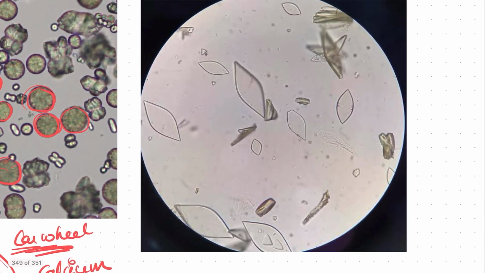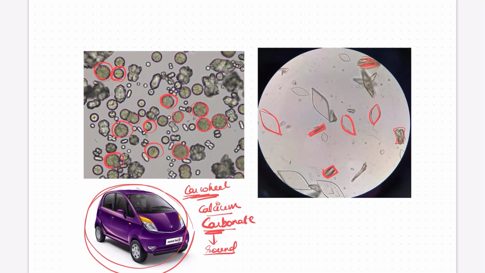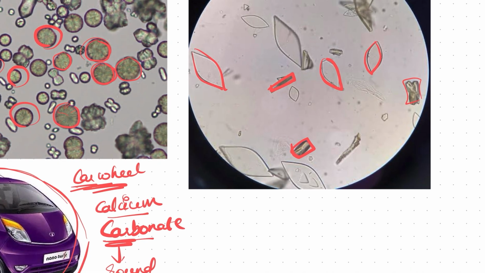And here the crystals do not have a specific morphology, so they can take any shape. They can be rhomboid, spherical, rectangular, so these are pleomorphic crystals. Mostly rhomboid, needles or even flower shapes can be seen.